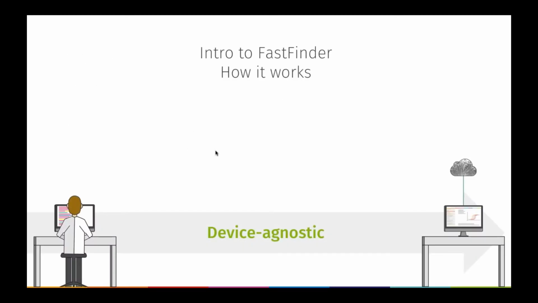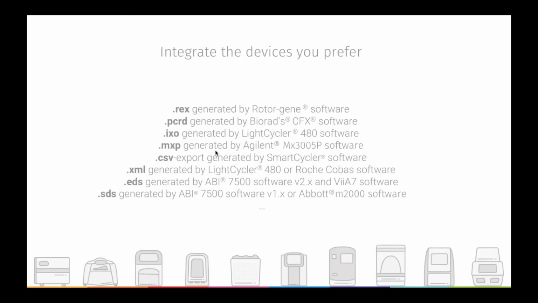The last part that I'd like to cover is what we call the device agnostic nature of the software. We can integrate with any PCR platform we prefer. We have some integrations built already. We can do the Rotorgene, the Bio-Rad CFX, the Light Cycler, the Agilent MX3005P, the Smart Cycler, Light Cycler 480, or Roche.